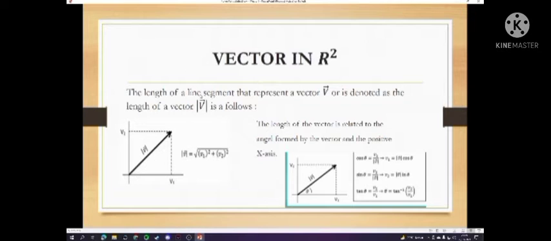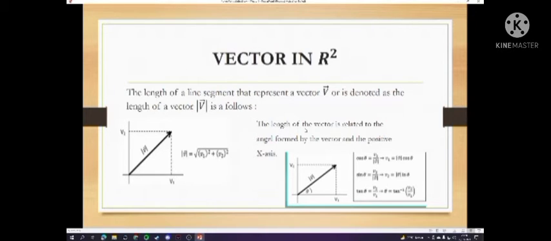The length of a line segment that represents a vector v is denoted as the length of a vector. Absolute value of v is as follows. See this picture. Absolute value of v equals root of v1 square plus v2 square.